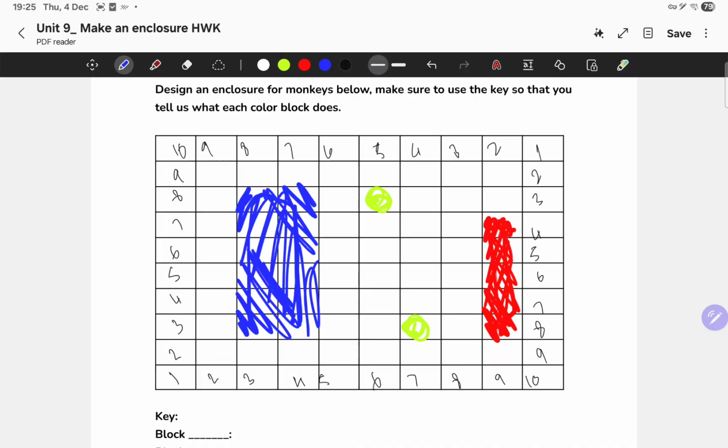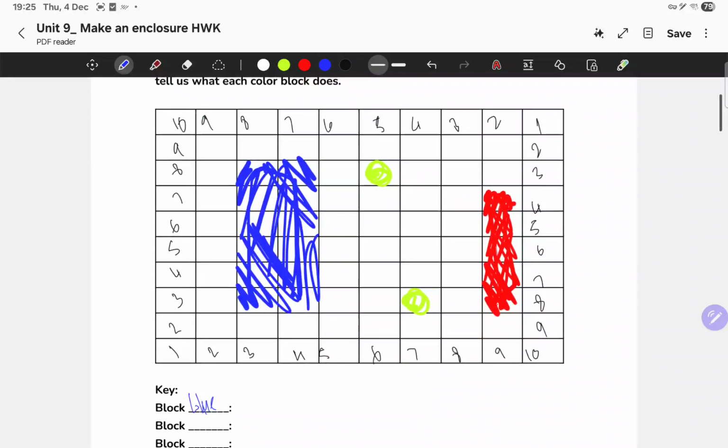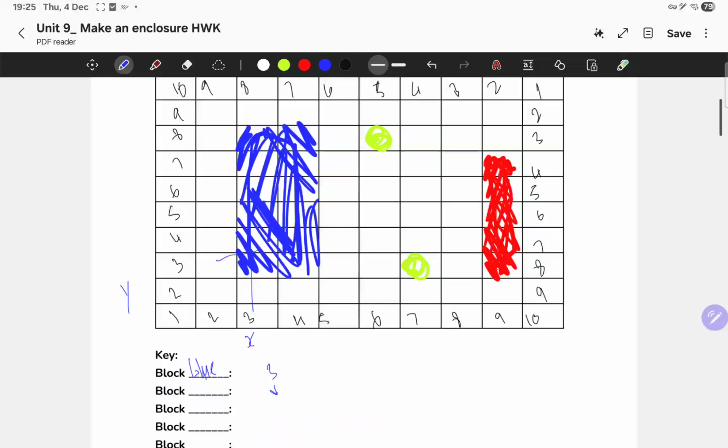Let's do the water first because it's quite easy. So we'll say block blue. And we're going to read this. So it goes from the 3, 3. Remember, this is the X, this is the Y. So we're going to go from 3 to 8, because it goes from 3 here to 8, like so.